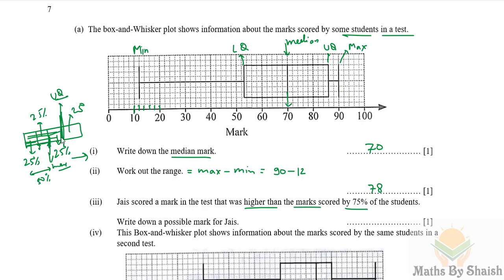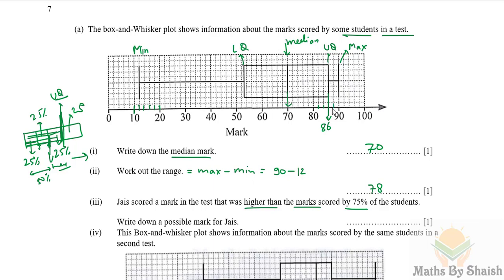So this upper quartile is going to be 75%, and this value is 82, 84, 86, till 86 marks. This is 75%, so anything more than that would be more than 75%.